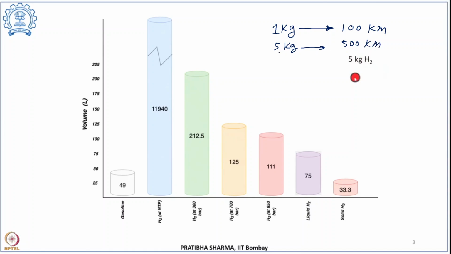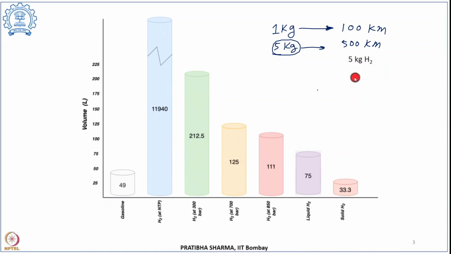But we have to design your bike or two wheeler in such a way that it can run at least 500 kilometers at a time. For that we need 5 kg of hydrogen, but storing this 5 kg of hydrogen is very difficult because its density is very very less.